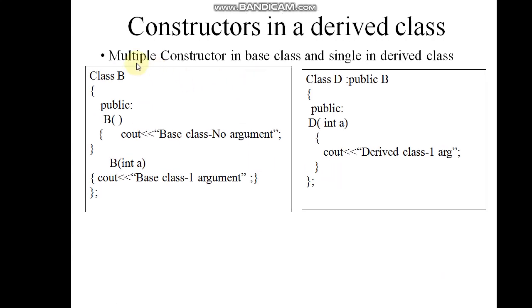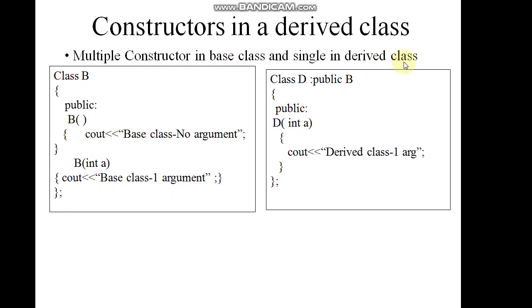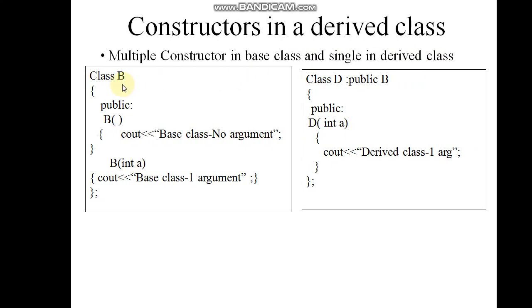In this example, there are multiple constructors in base class and a single constructor in the derived class. Now in base class, we have default constructor which displays base class with no argument, and it also has a parameterized constructor which takes a single parameter, and this displays base class with one argument.